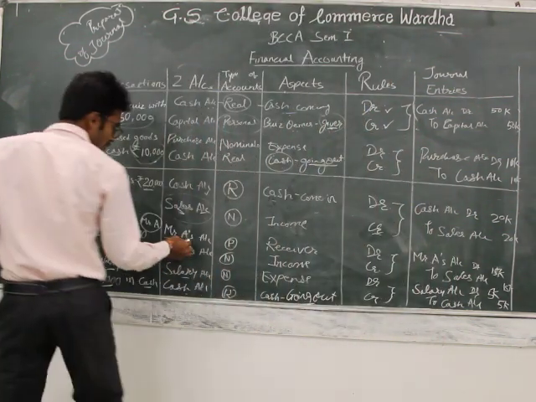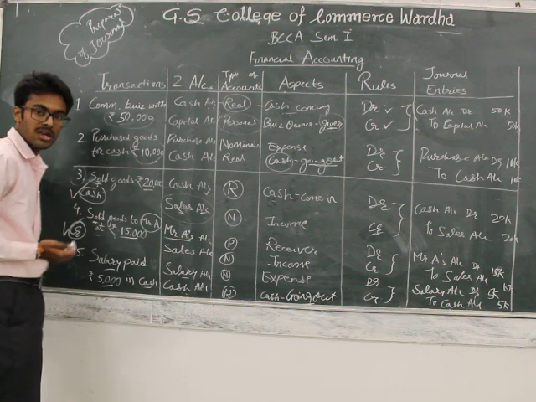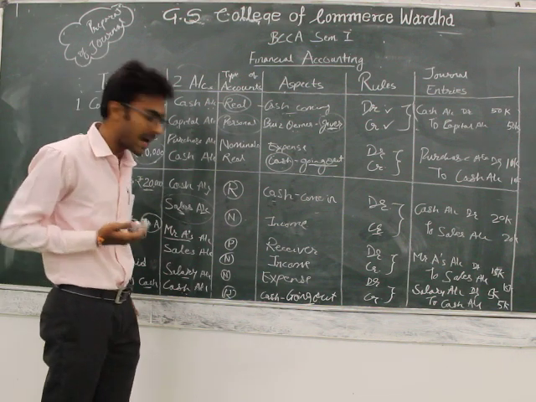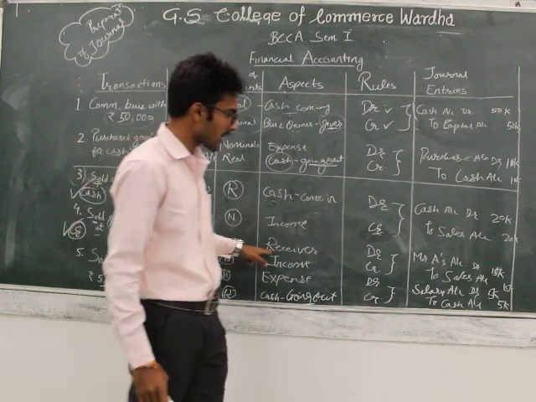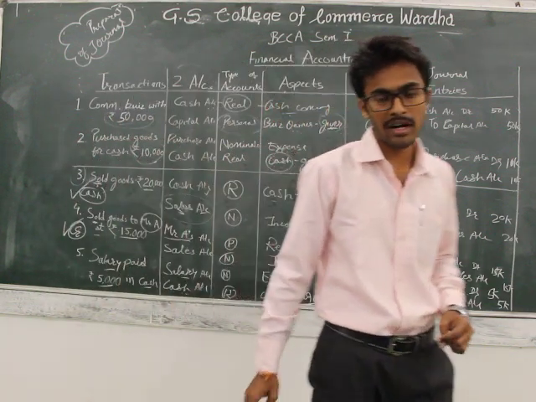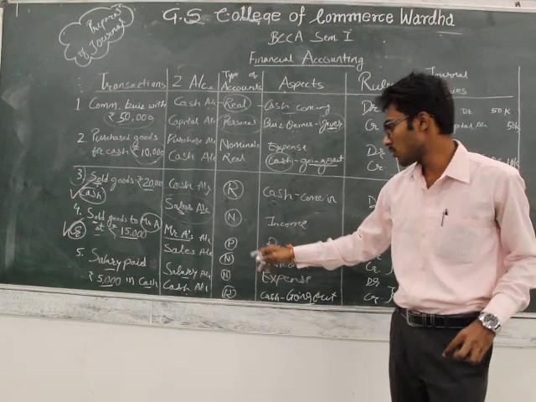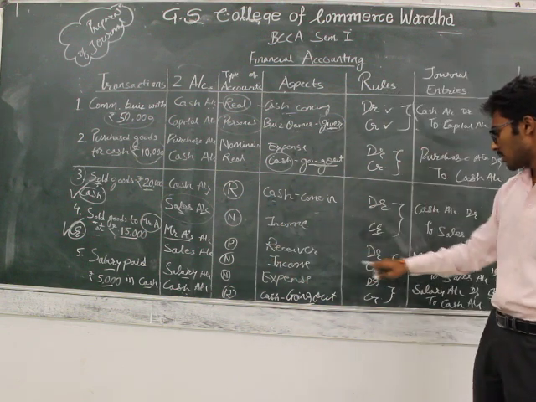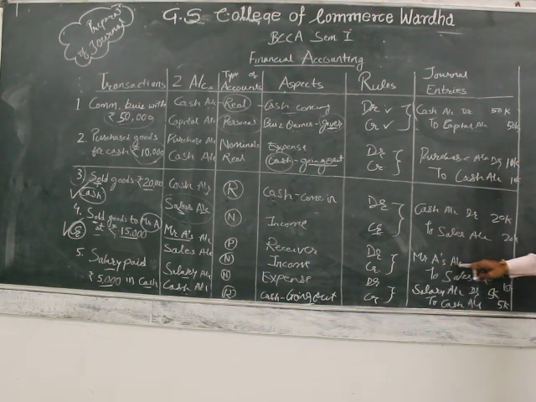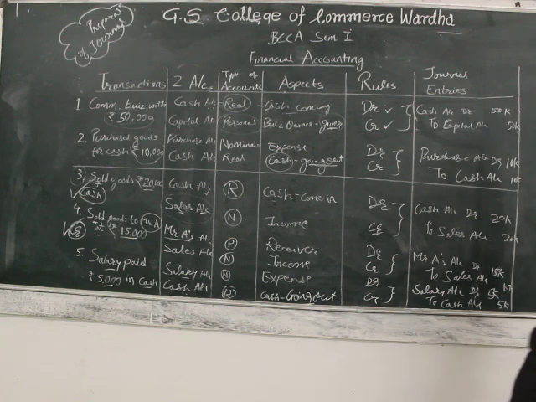So we have to write the debtor, Mr. A. Mr. A is a personal account and he is the receiver, that's why that will be debited. And the other account is sales account, a nominal account, income, which should be credited. That's why the combined entry for this transaction will be Mr. A's account debited to sales account.